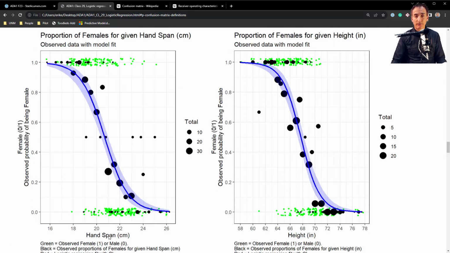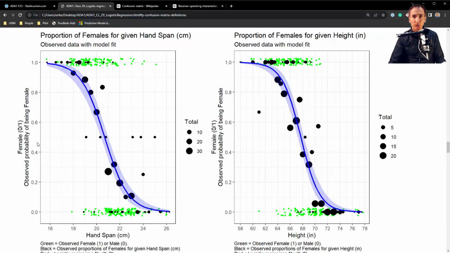Here's handspan on the x-axis, and here's the 0 to 1 probability of being female. So we're basically trying to find a threshold, a horizontal line here that connects with this logistic curve. And what did we say was like 0.4 something?